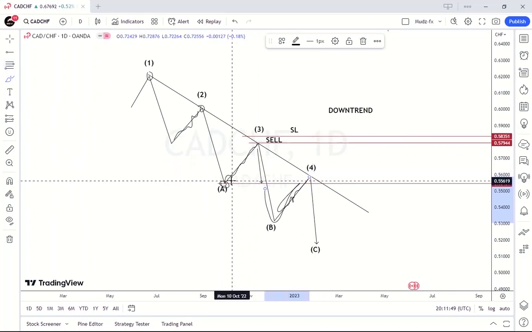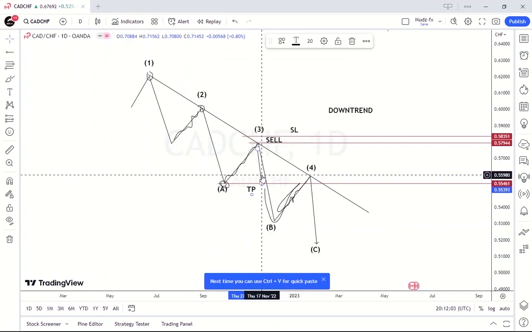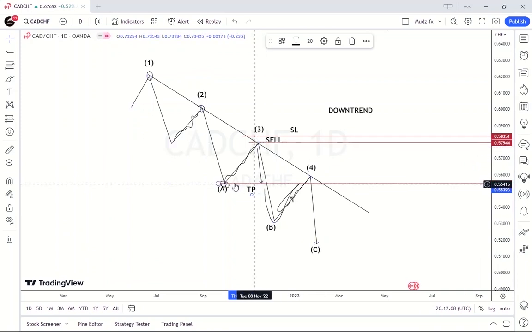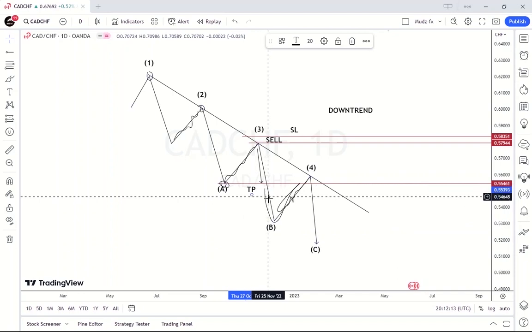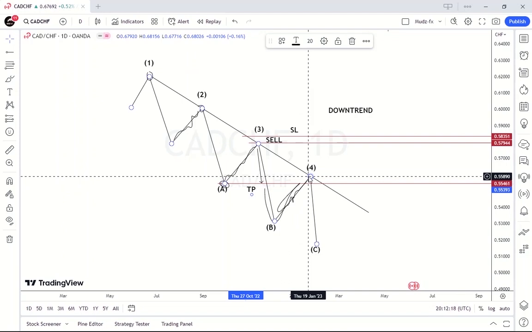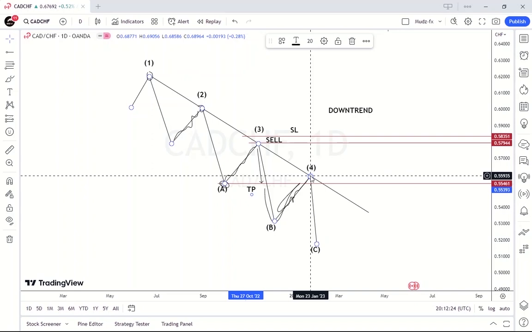Okay, so on this point A is where our take profit is gonna be. So once we sell and then we hit our take profit on this lower low, then we let the market play out to complete a downtrend, then comes back to create another entry for us as a 4th lower high.